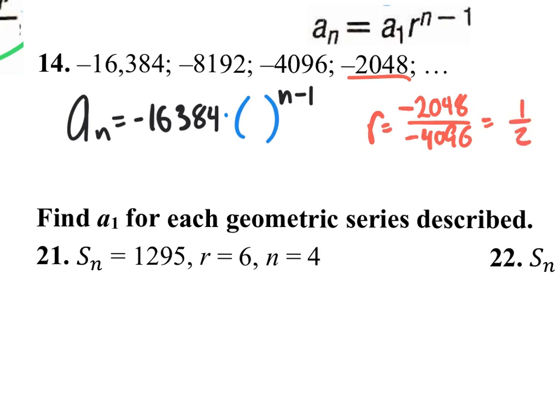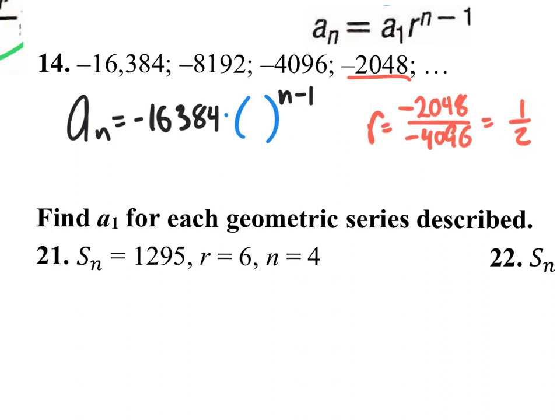Okay, and it doesn't matter which one you actually use. You could have used this one with this one, or this one divided by this one, and they all equal 1/2. If you, on a calculator, take negative 8,192 divided by negative 16,384, hit equal, the answer will be positive 0.5 or positive 1/2.